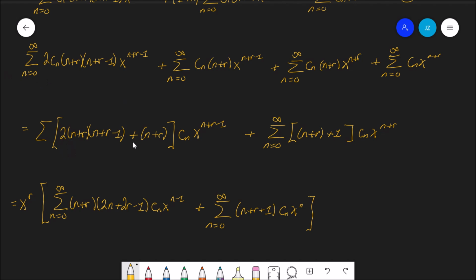Notice we also algebraically simplified the two expressions.